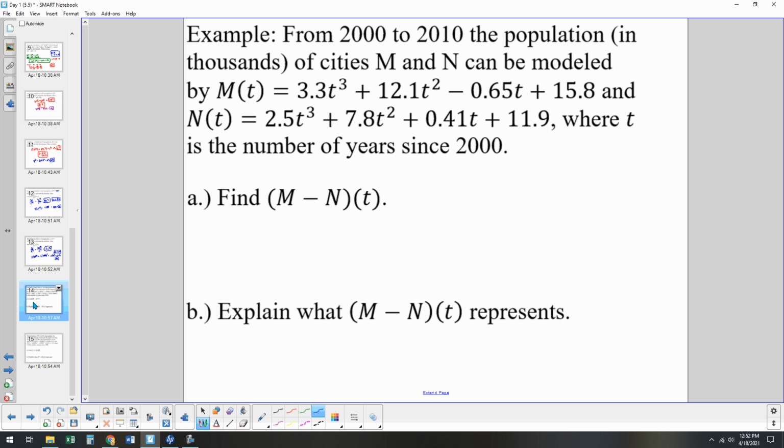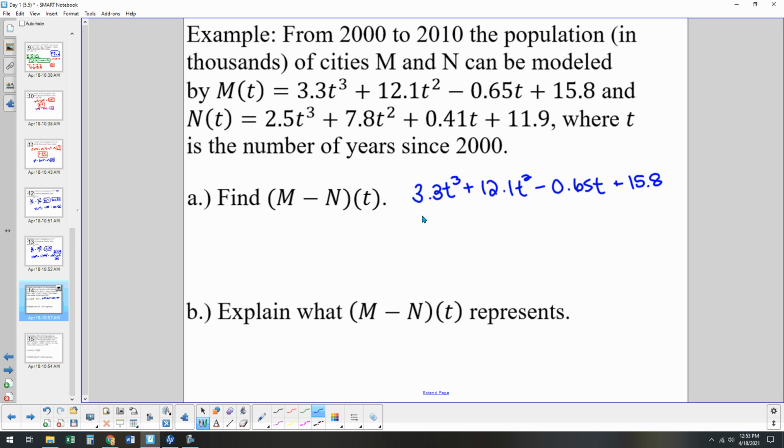Our last example here, we have from 2000 to 2010, the population in thousands of cities M and N can be modeled by, and they give us two different functions, and T is the number of years since 2000. So I want to find M minus N of T. So I'm going to line it up the same way I did the other one that was a big polynomial. I'm going to write out my first one. And now I'm going to subtract each of these.